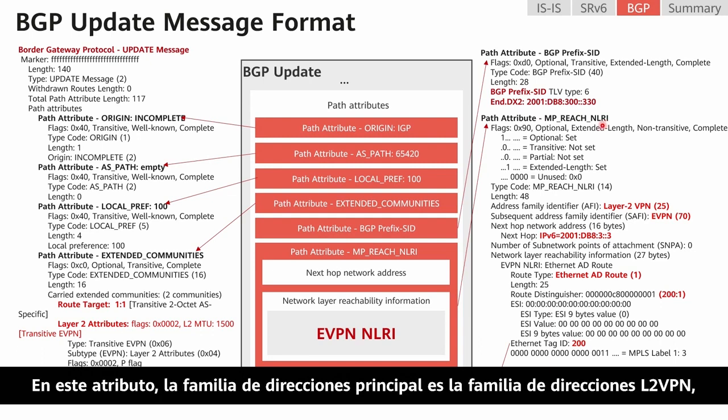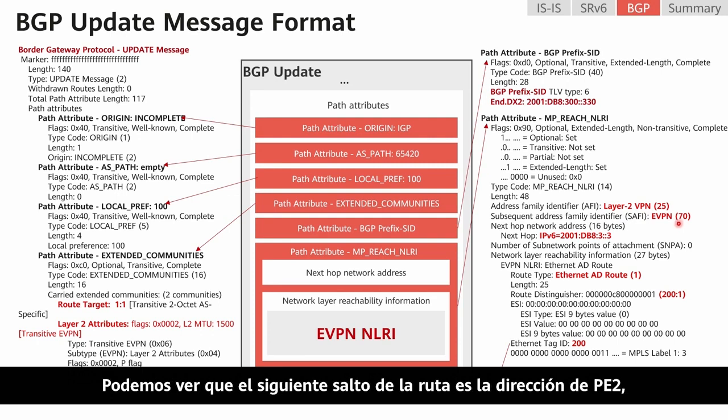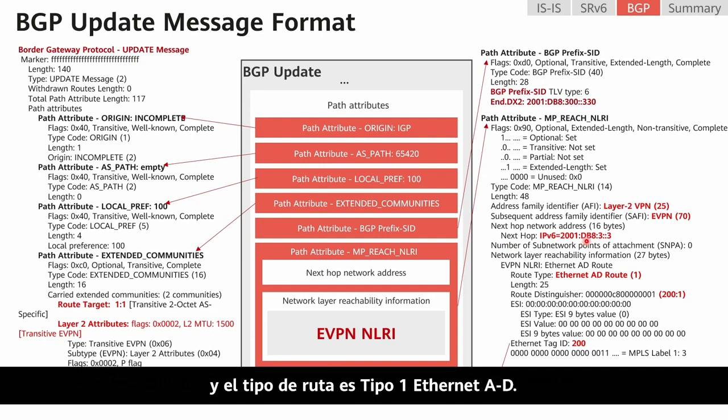In this attribute, the main address family is the L2VPN address family, and the sub-address family is the EVPN address family. We can see that the next hop of the route is the address of P2, and the route type is type 1 Ethernet AD. The route carries an RD and, most importantly, it carries the service ID of P2.